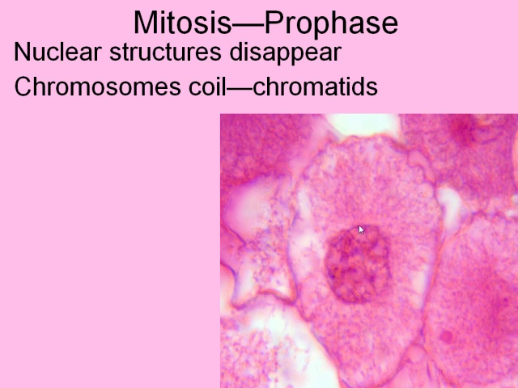Now, because we've made an extra copy of everything, in order to make sure that we divide those correctly, that is, we send one copy to one cell and one copy to the other cell, we hold the replicated chromosomes, the duplicated chromosomes, together with a structure called a centromere, so that this keeps the two duplicates held together until it's time to send them to their respective new cells.